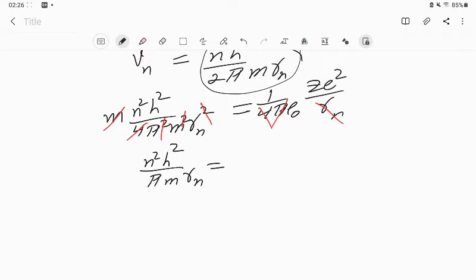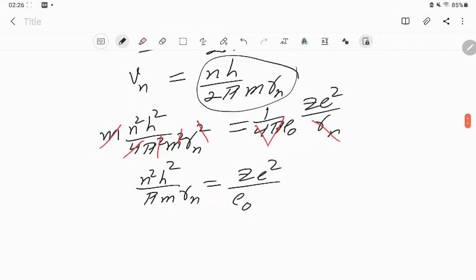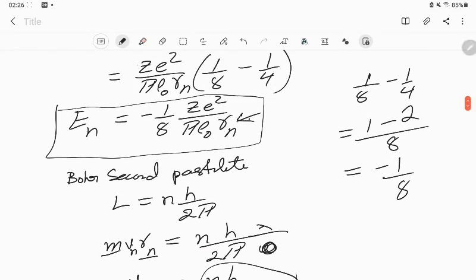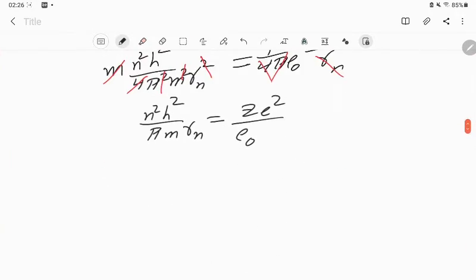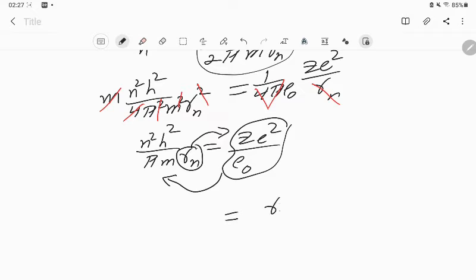Okay, so we have Z e squared epsilon naught. So we are going to replace r_n here, right? So from here we can find out what is r_n. So this r_n I will take this side and all this in this side. So this will be equal to r_n.